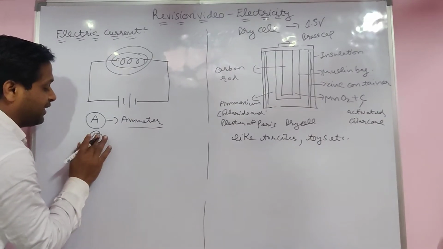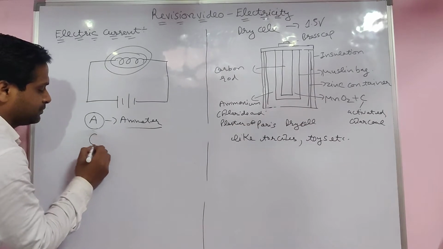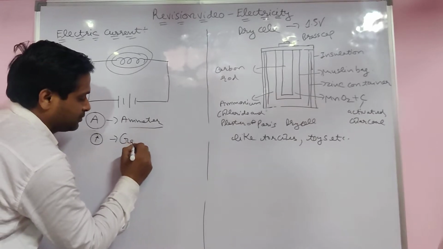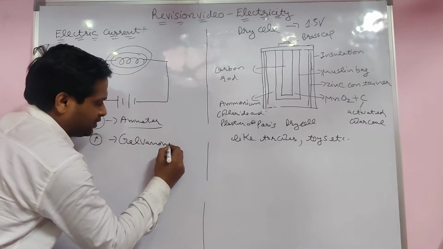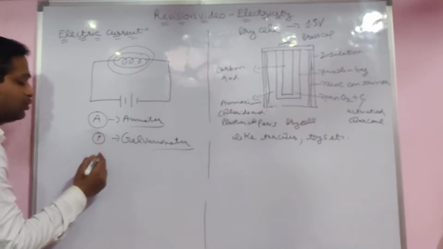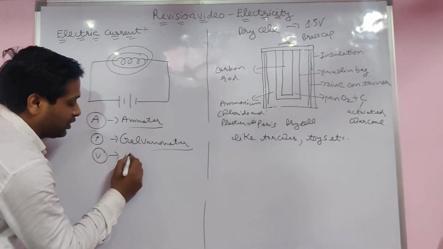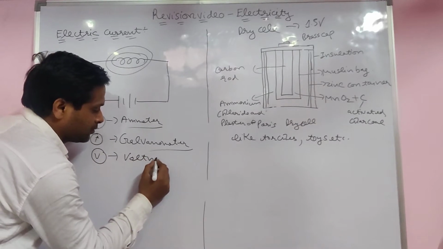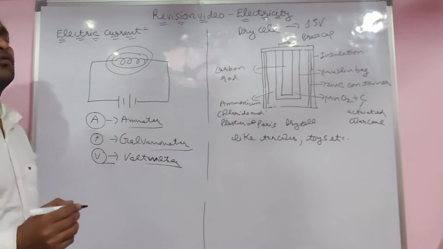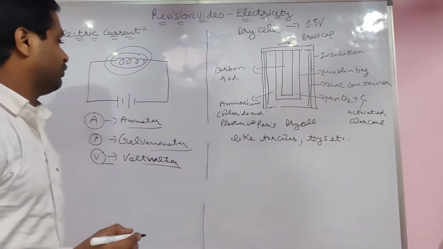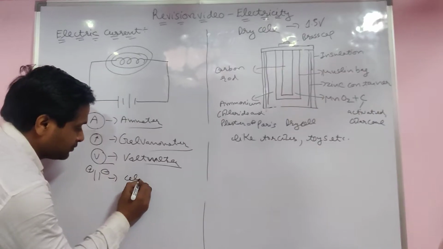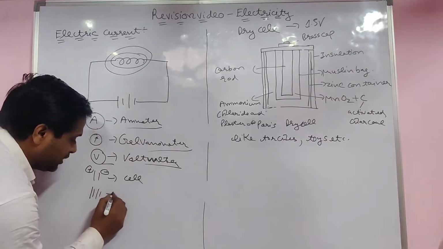And one is a galvanometer, whose symbol is like this. It also measures current, but it is used for lesser current, while the ammeter is for more current. And this is a voltmeter, used to measure potential difference or voltage. The cell and battery symbols you already know.